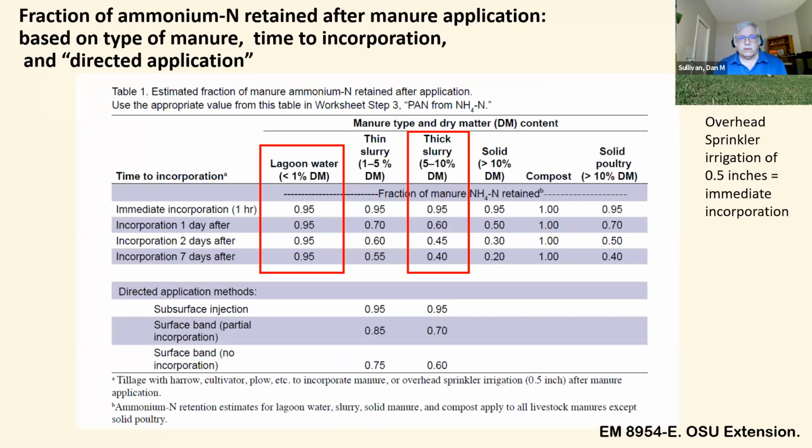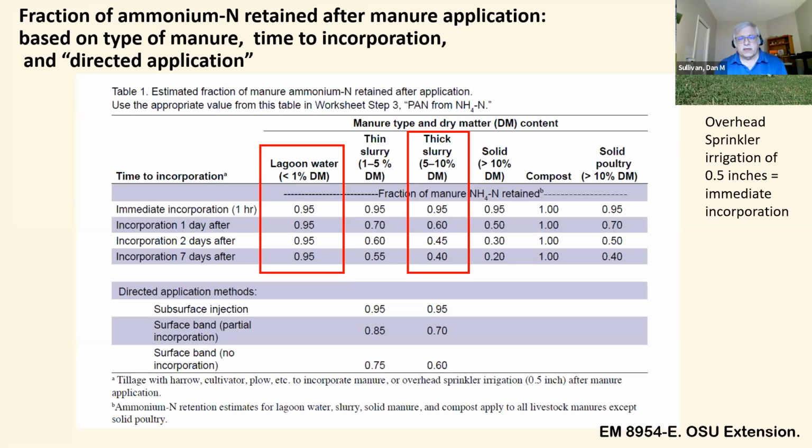There are two tables, one for ammonium nitrogen and one for organic nitrogen, that make up the worksheet. As you go across the columns, you'll see that each column pertains to a different kind of manure. I've got red boxes around lagoon water and thick slurry to show you that there are some substantial differences in what's predicted for how much of the ammonium nitrogen will be retained.